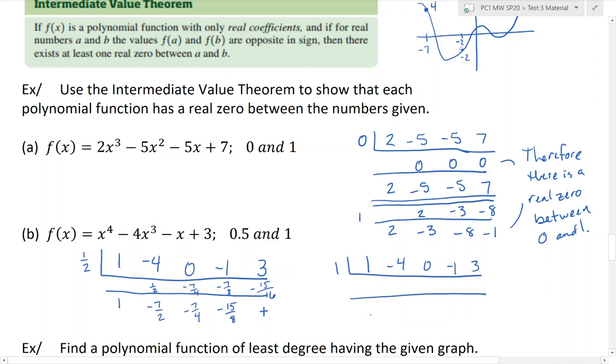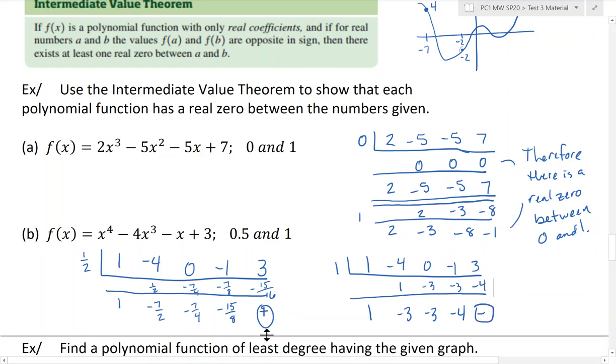Same synthetic division table. 1, -3, -3, -4, -1. And again, you don't even have to tell me what the number is by the end. I know because there was a change of sign right there.